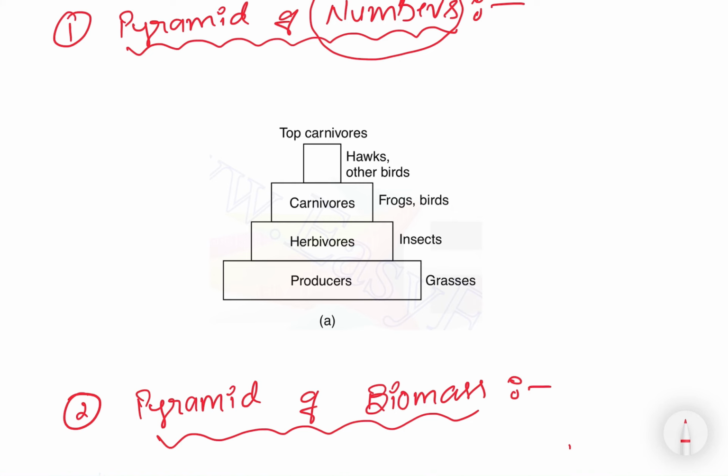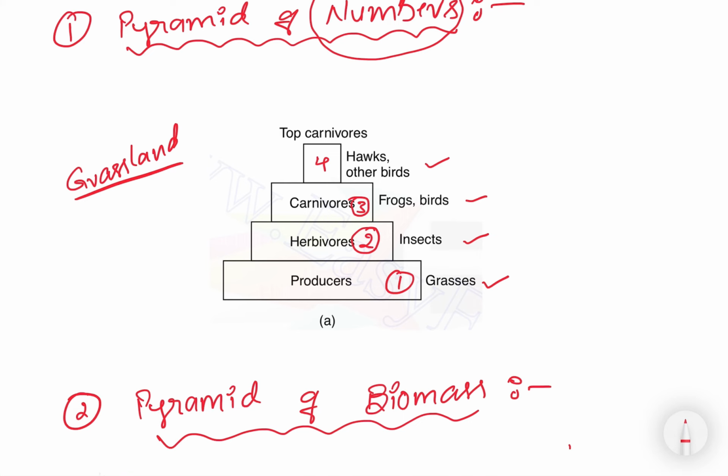For example, consider a grassland ecosystem where the first level is occupied by the producers, which are grasses, the second trophic level by herbivores, which are insects, the third by carnivores, which are frogs and birds, and the fourth by the top carnivores, which are hawks and other birds.